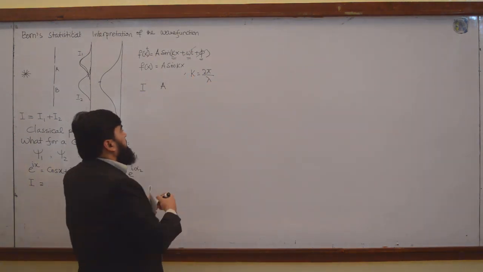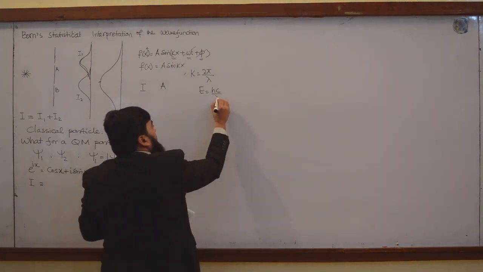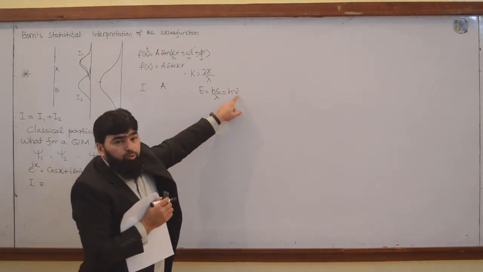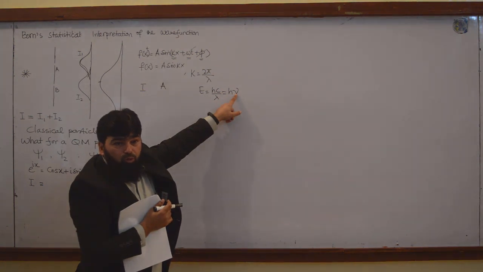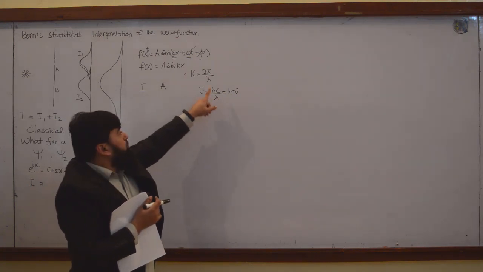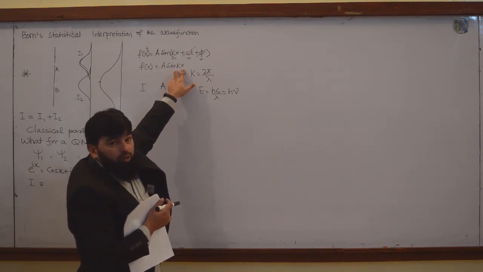It is related to E equals hc over lambda equals h nu. Nu is the frequency. E is directly proportional to the frequency. More the frequency, more will be the energy. Larger the wavelength, less will be the energy. So this term is actually controlling the energy of a wave.